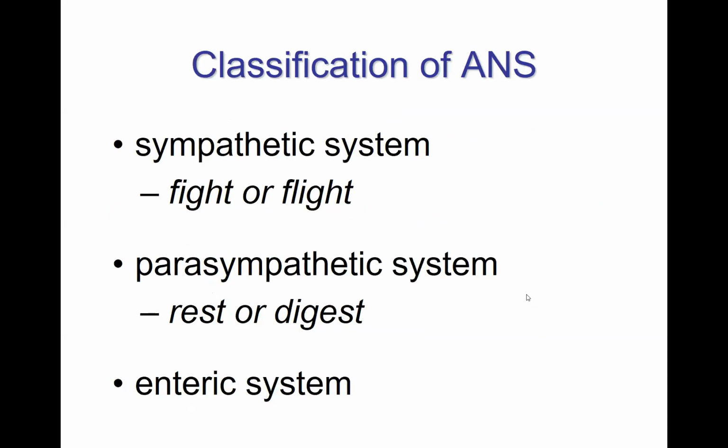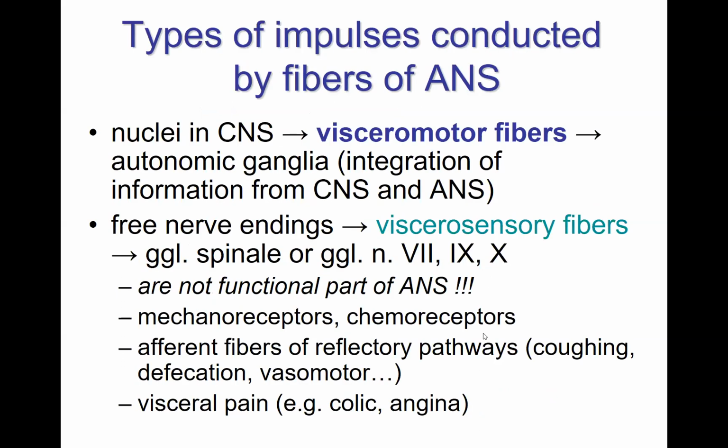And as I said, we can divide it into sympathetic, parasympathetic, and enteric system. The autonomic system has only visceromotor fibers. So we talk about the nuclei in the spinal cord or brain stem, and they leave the spinal cord or brain stem via the nerves.